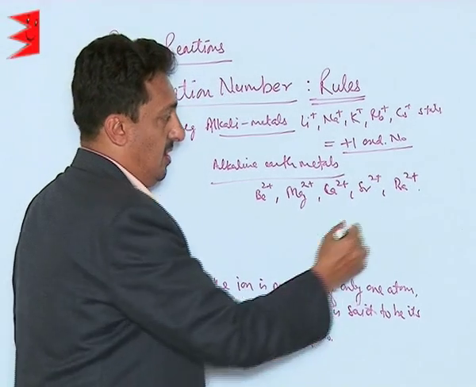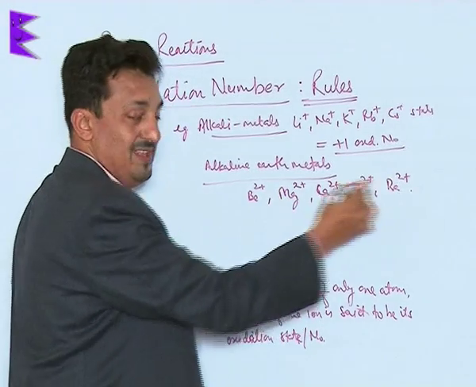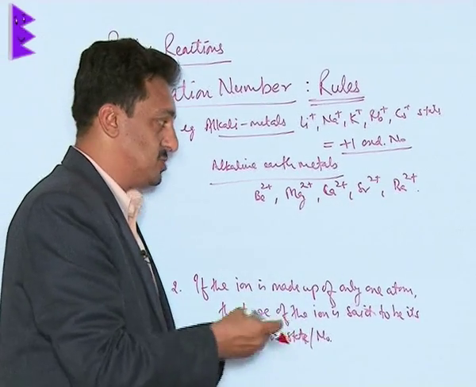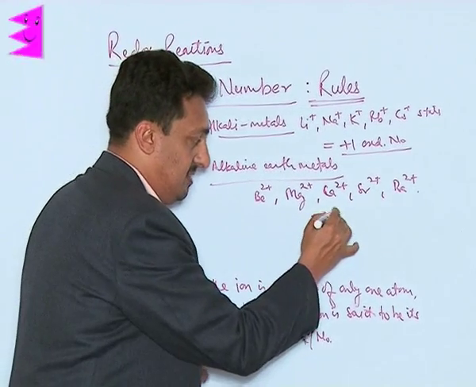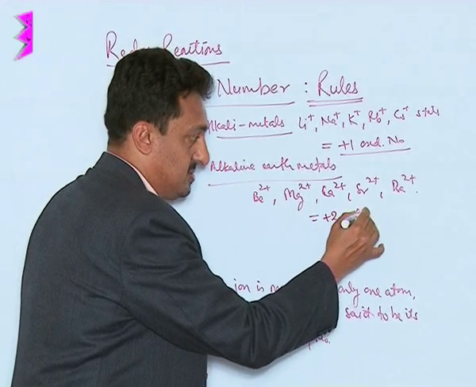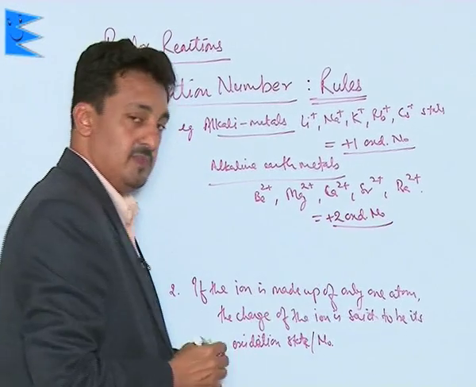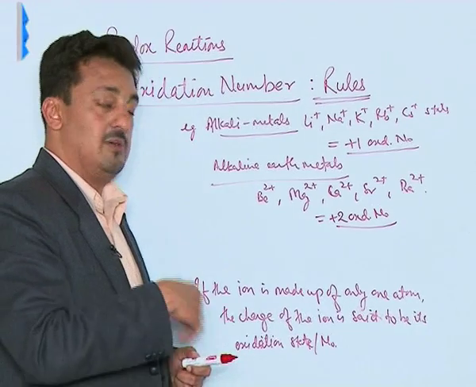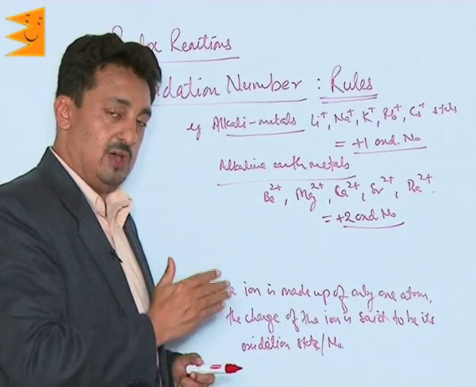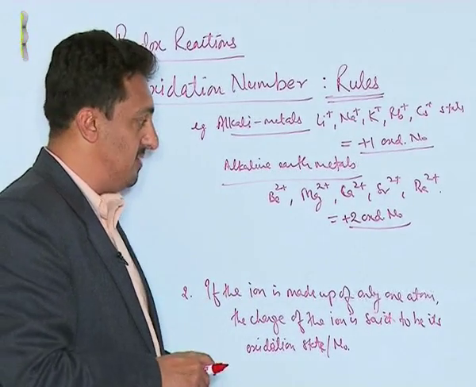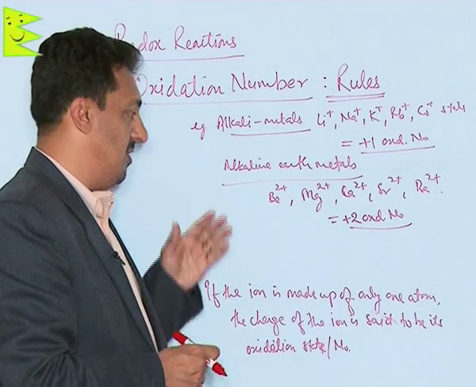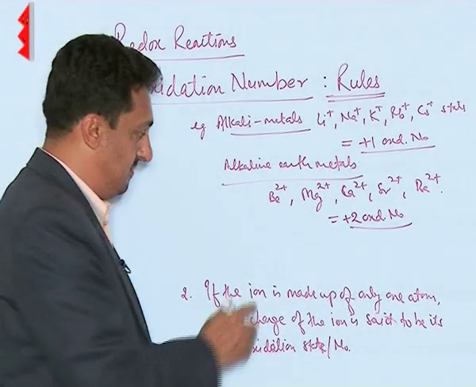Since all of these exist in their +2 states, they all are given +2 as their oxidation number. Because they have only two valence electrons, both are lost. They attain the noble gas configuration of the previous period and become very stable. So they all are given this fixed oxidation state.